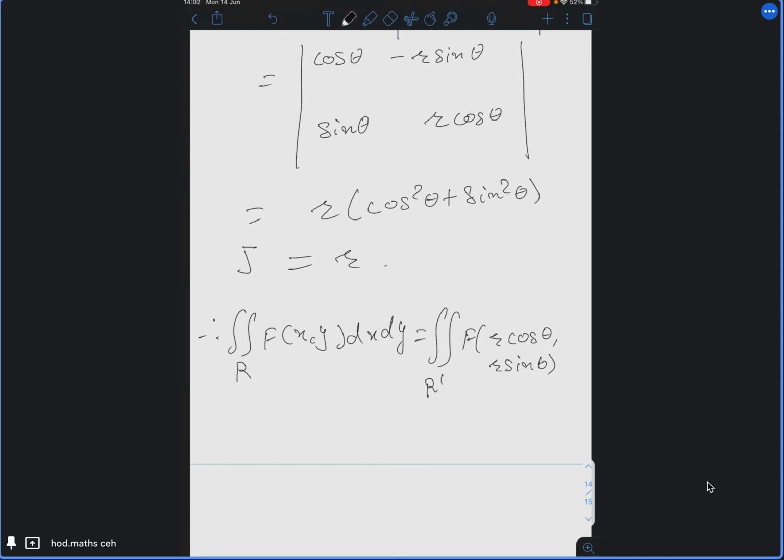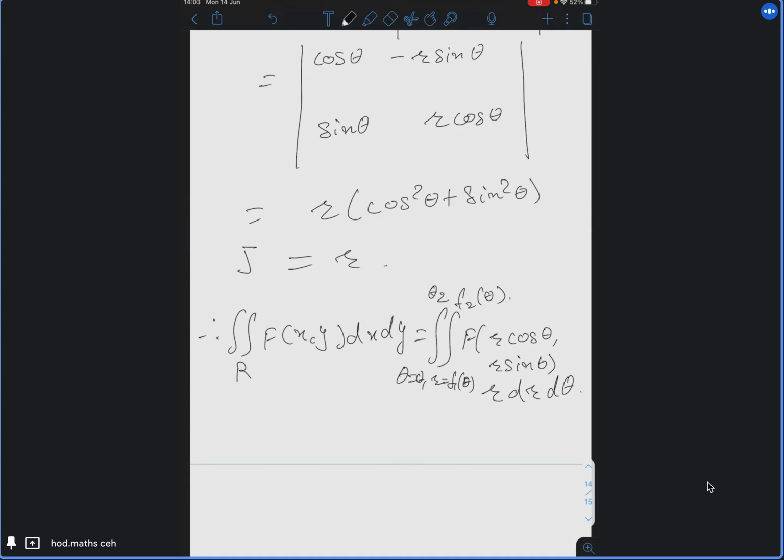Dx dy is the Jacobian, which is r dr d theta. Understood now? And here the theta limits will be constant, from some theta 1 to theta 2, and r will be from some function of theta to some function of theta, which you know how to calculate.